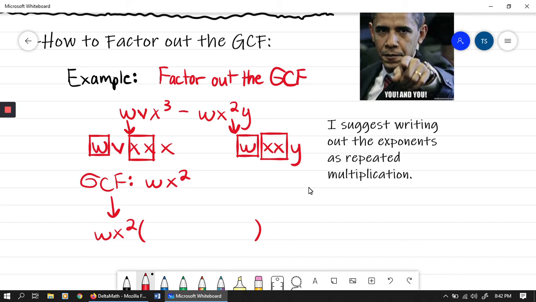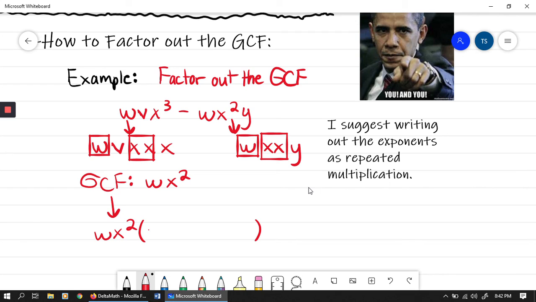And I would almost say that one way that you could do that is really just to look at the stuff that we have in boxes here. We have the W in boxes, we have these two X's in boxes. What is not in the boxes, right? You can see here that the V is not a common factor and the X is not a common factor in the term on the left, right?